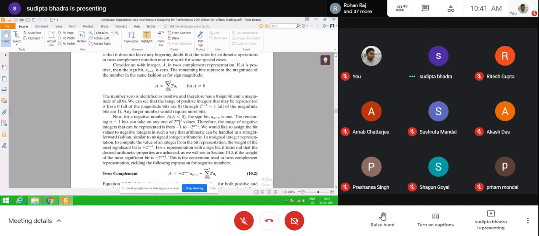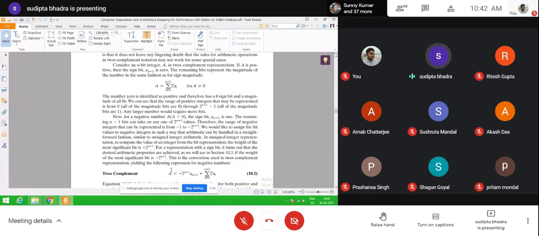Here, 2 to the power 0, 2 to the power 1, 2 to the power 2: different bit positions have different values. That value will depend upon ai also.